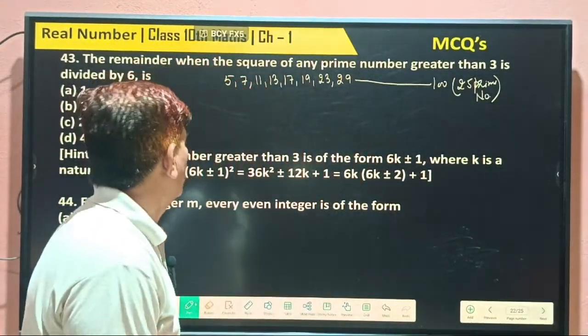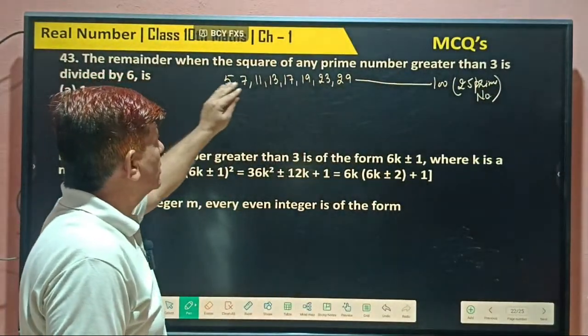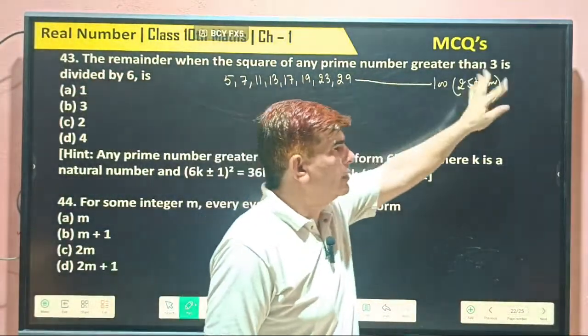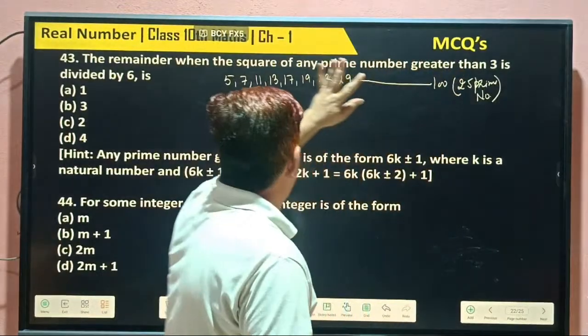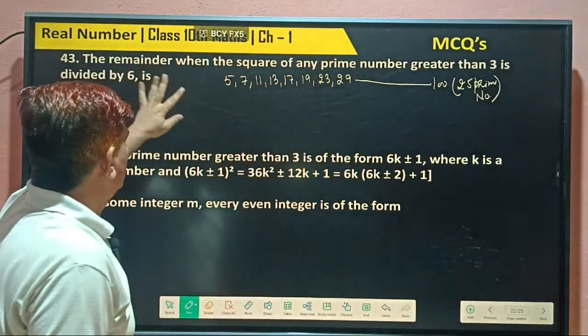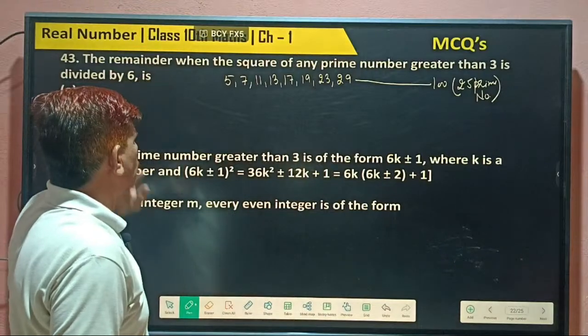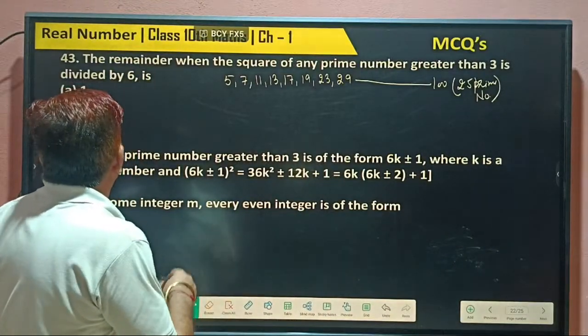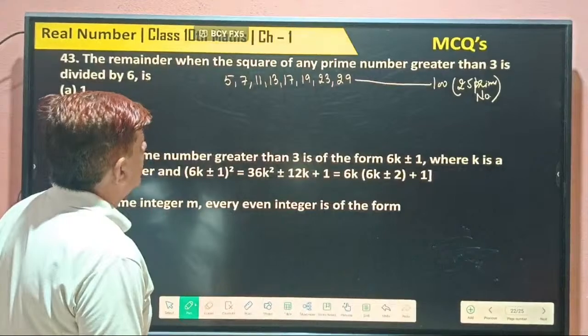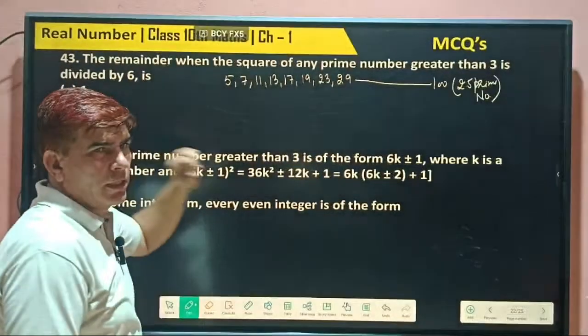I am taking these as the primes greater than 3 and squaring them. What remainder comes?